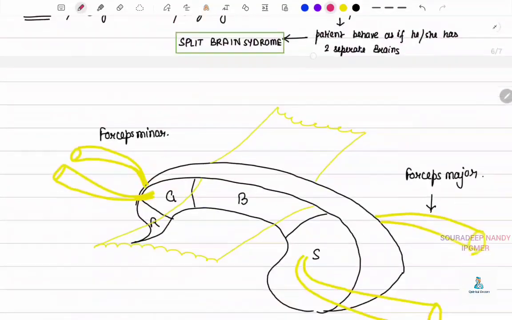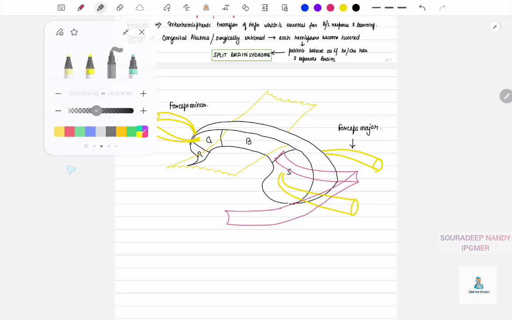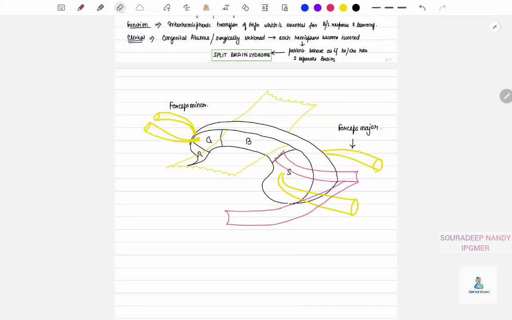We will now discuss how the tapetum looks. The fibers that remain uncrossed first pass posteriorly towards the occipital pole and make the roof and lateral wall of the posterior horn of the lateral ventricle.